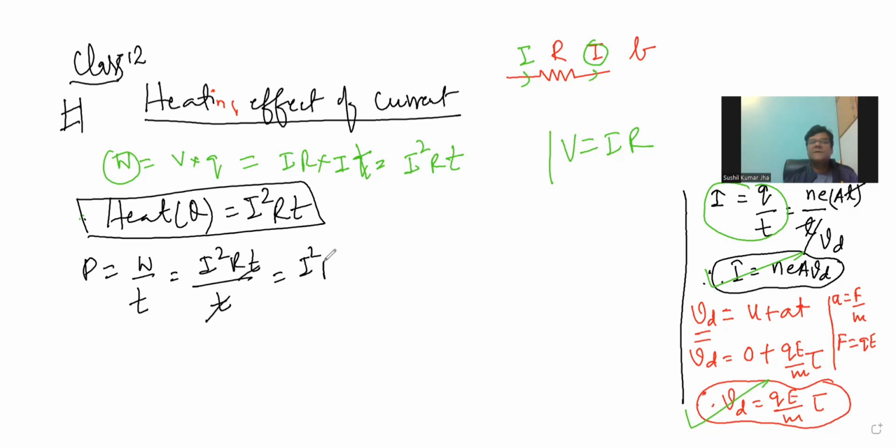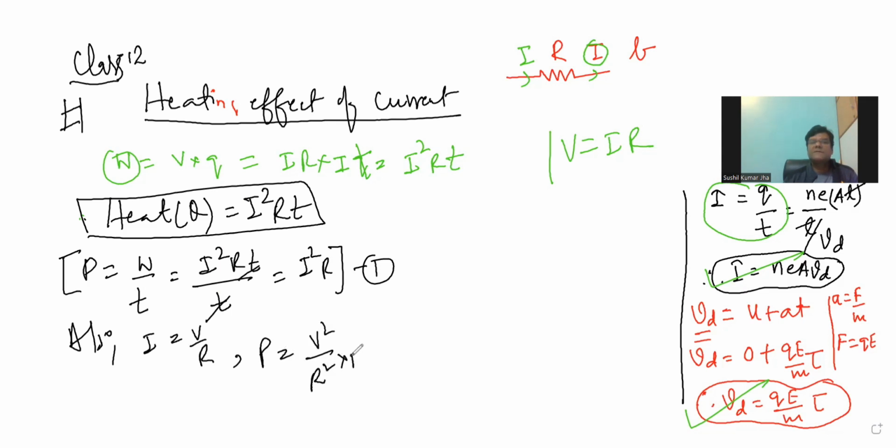Thus we get I square R. So this is one formula for power in terms of current and resistance. Also we know I can be V upon R, and so power can be V square upon R square into R, which means V square by R. So that is the second formula.